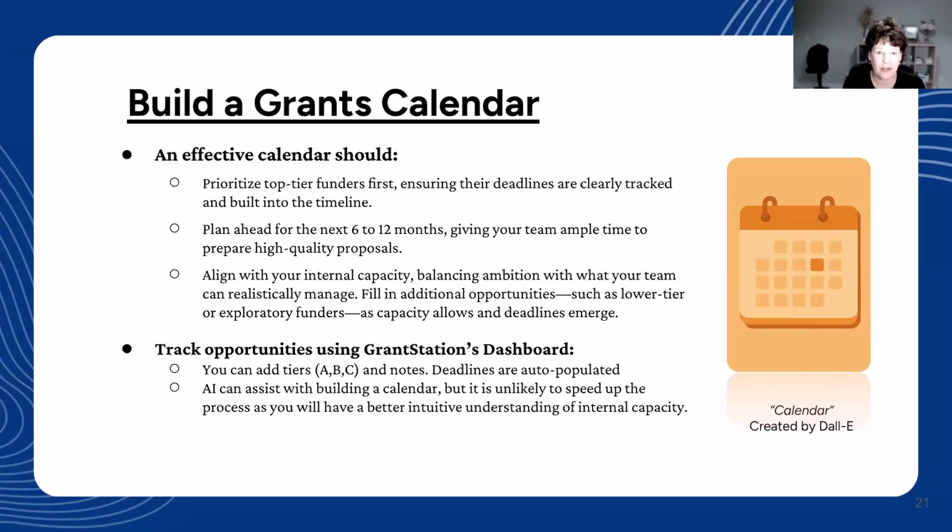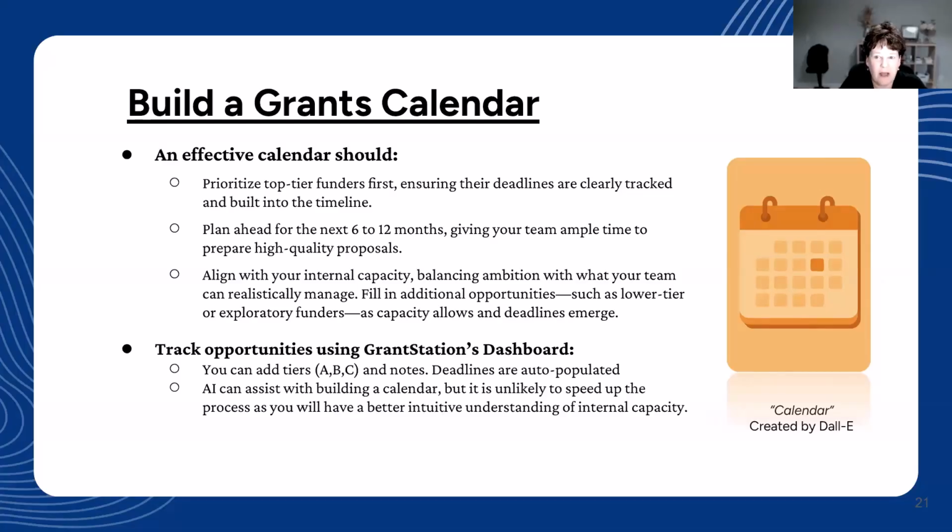So it really allows you to think forward about your own staffing and capacity. And then after you've gone through your first top tiers, you can start loading in the second tier and then the third tier as it makes sense to your organization.